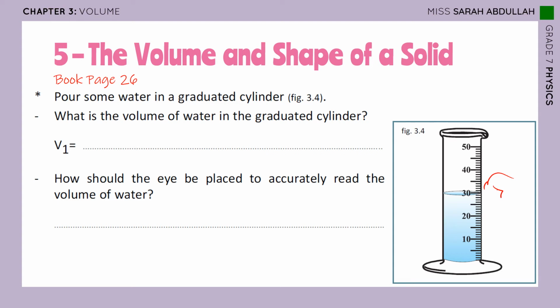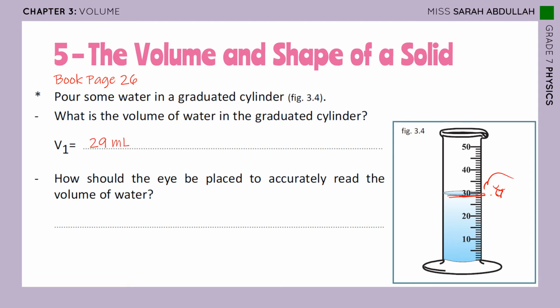So we need to place our eyes right here and look at the bottom of the curve. You can see that the bottom is not at 30, but one division lower than 30, which is 29. So this is 29 milliliters.